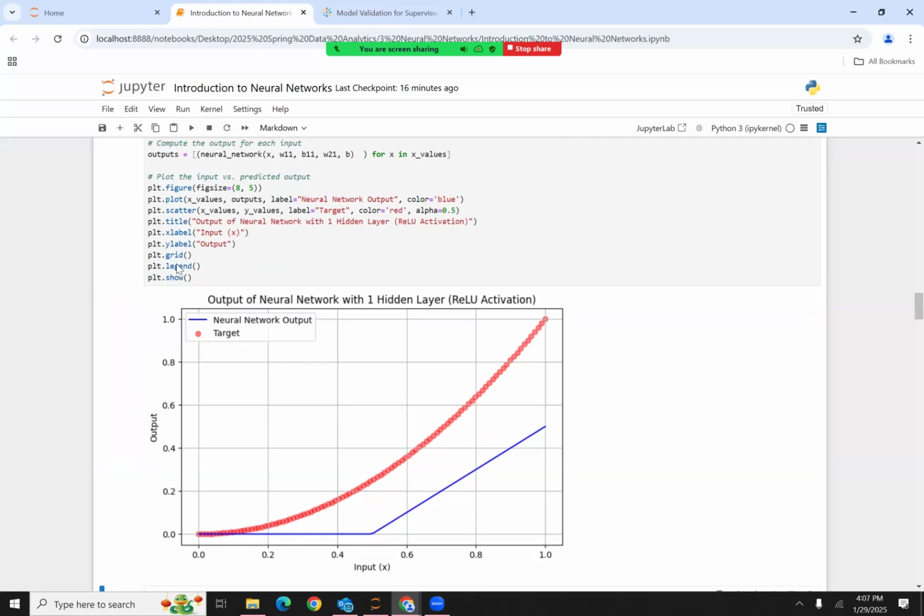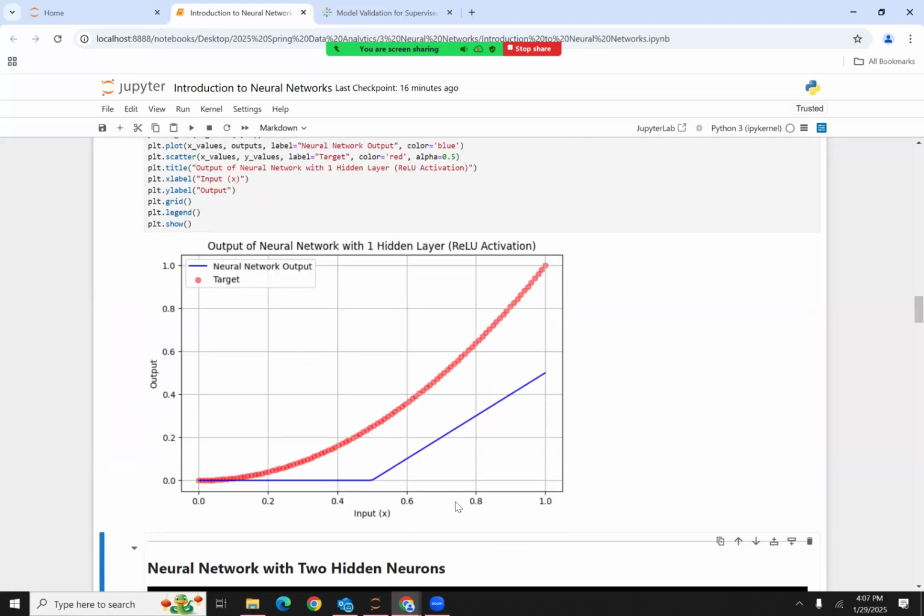So when we do that, we get the output versus the input values of X. And the blue line over here depicts what the neural network is predicting for those different values of X. For example, if the input is 0.8, then the predicted value of Y is approximately 0.3. What I have in these red points over here is what my data looks like.